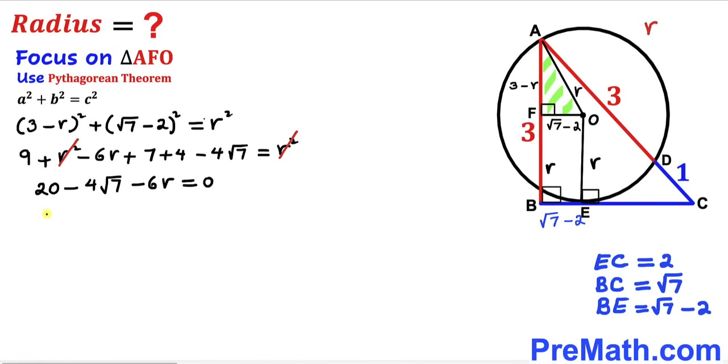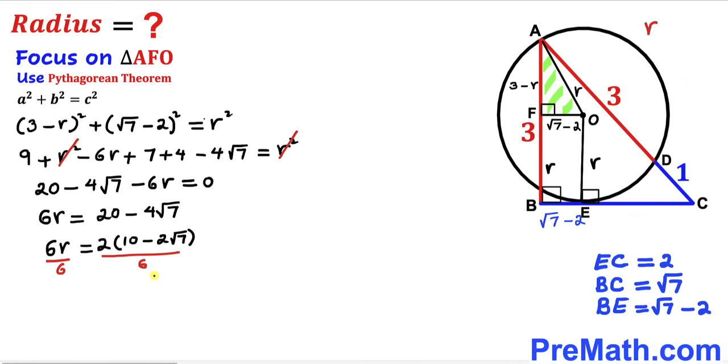So therefore we could write 6 times r is going to be equal to 20 minus 4 times square root of 7. And here we can see we got 2 in common. So therefore we could write 6 times r equals 2 times 10 minus 2 times square root of 7.